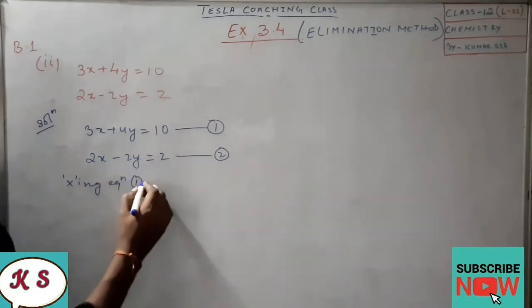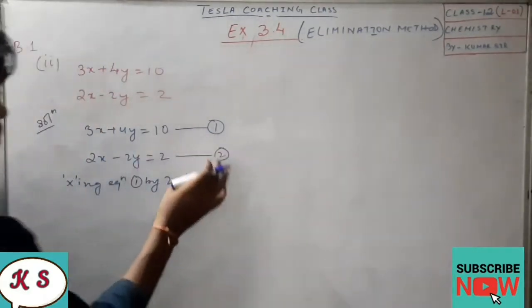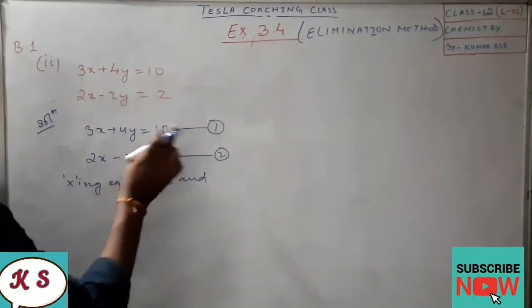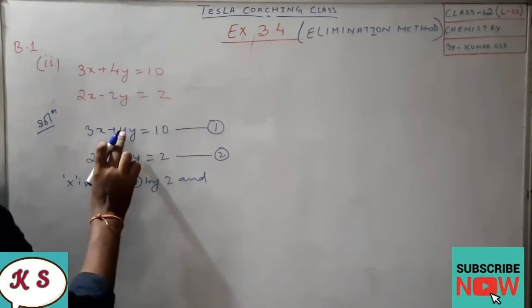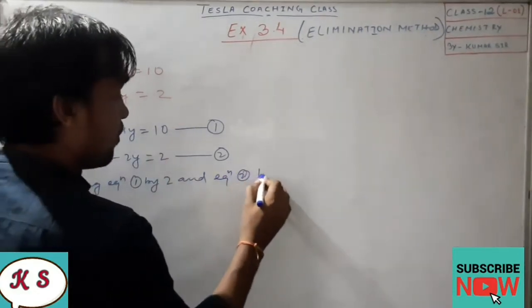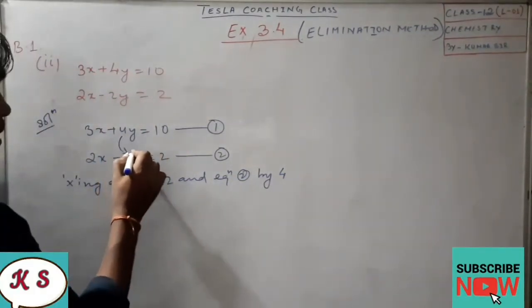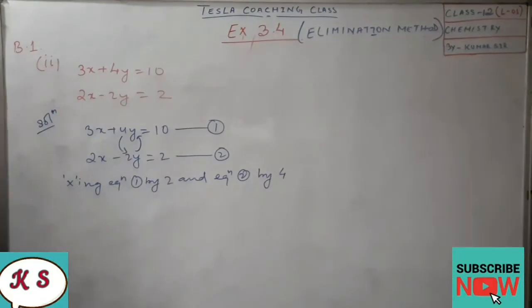So equation 1 you multiply by 2, and equation 2 we multiply by the coefficient of y in equation 1, which is 4. This one will multiply with this and this one will multiply with this. Okay, like this we are doing.